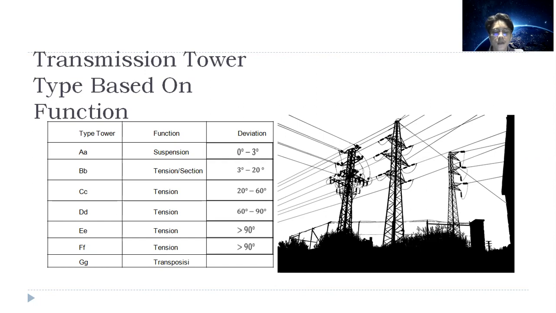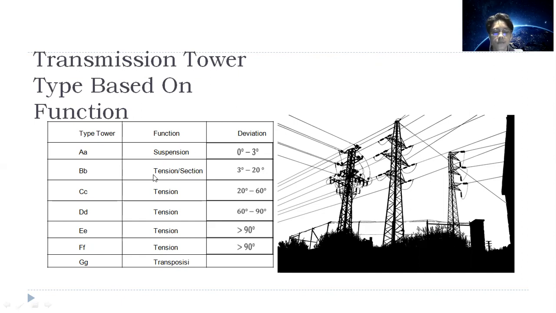The first type of tower is type AA, which functions as a suspension tower, with a deviation angle of 0 degrees to 3 degrees.